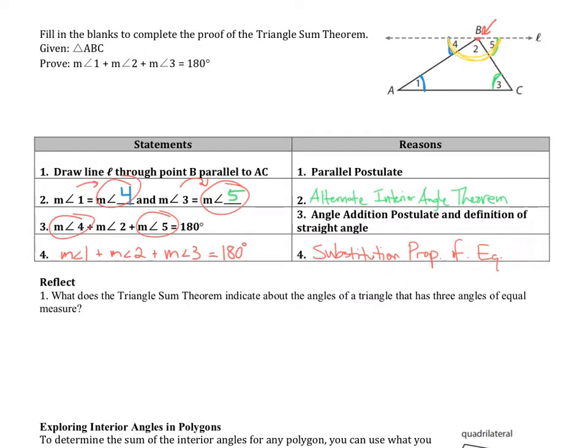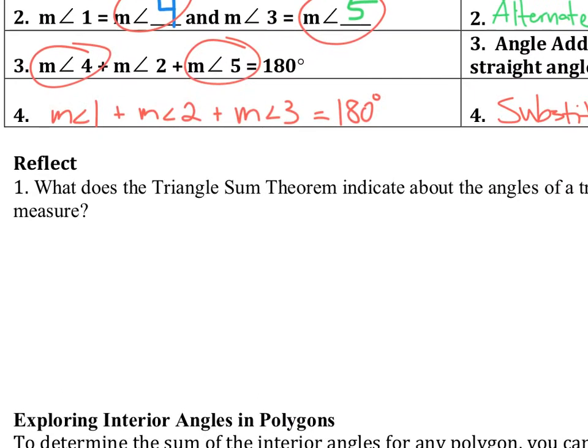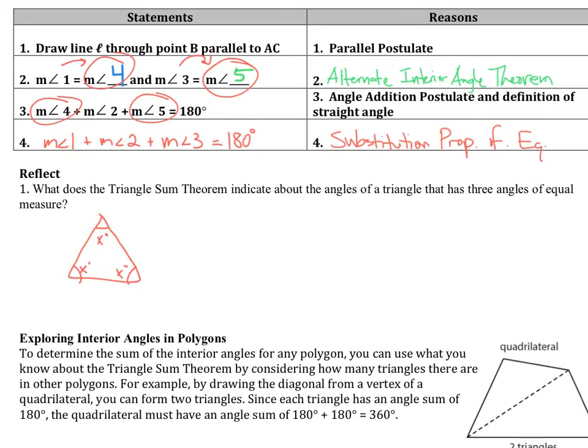And then I'm going to have you go ahead and just answer this reflection question. What does the triangle sum theorem indicate about the angles of a triangle that has three angles of equal measure? So if we have a triangle and all of them are the same, now if I call this one x degrees, and x degrees, what does that mean?